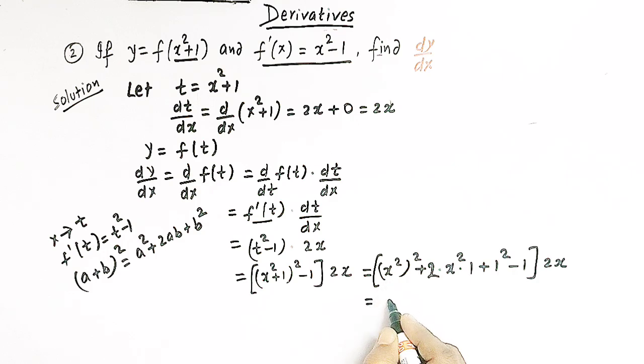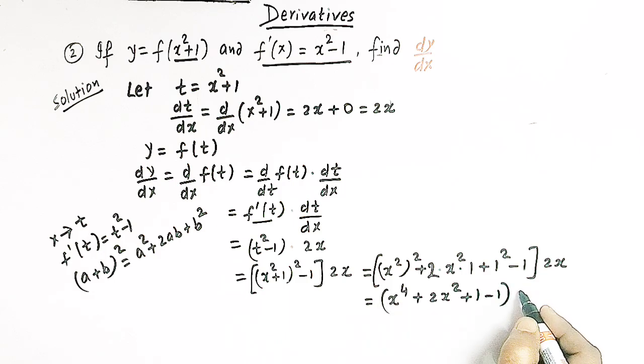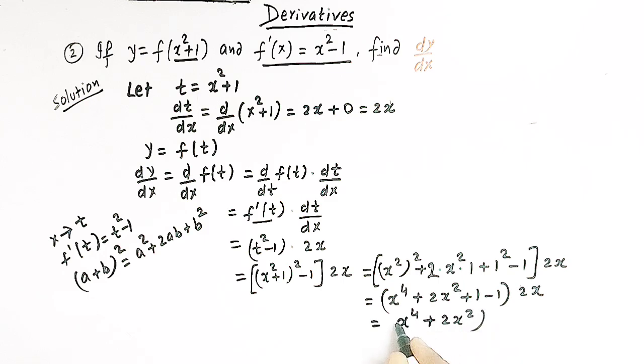So this is now x raised to 4, 2 times 2 is 4, then 2x square, and 1 square is equal to 1, and here we have 2x.